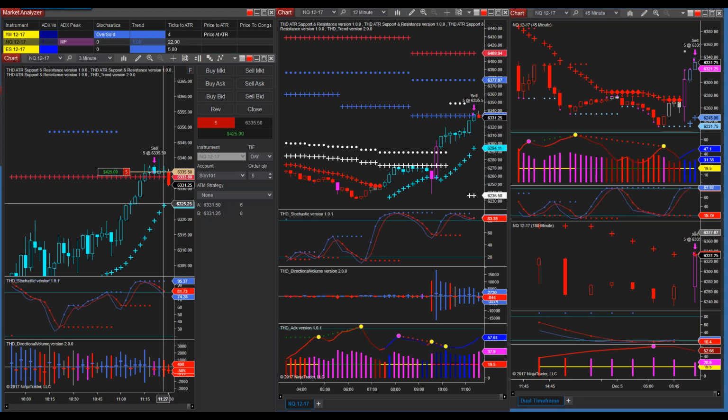If this market retraces back to this ATR, you're also going to get a magenta peak over here, which will push it down hopefully to around 6290 to 6300.